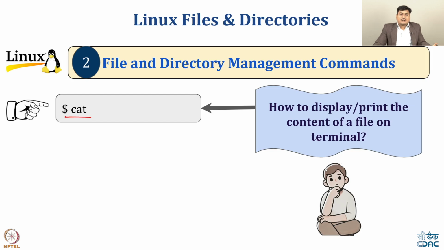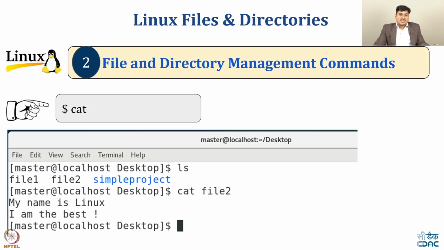So, let us see the first aspect of this cat, or concatenate, command. Let us consider this directory and there are some files. I want to see the content of this file and put it on the terminal itself. I do not want to open a text editor like Vim or gedit.